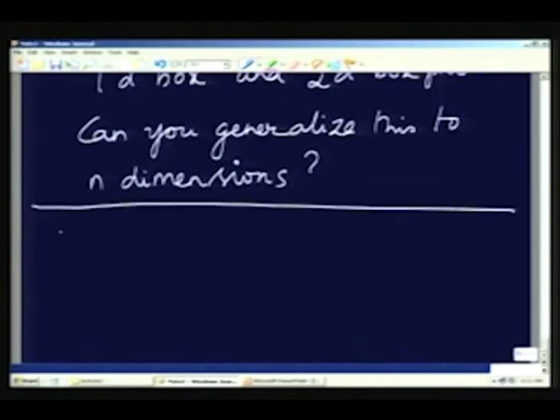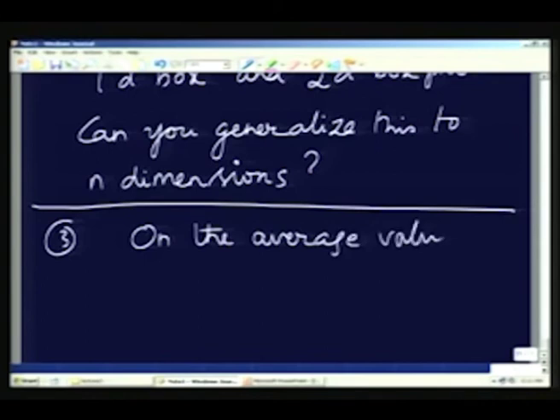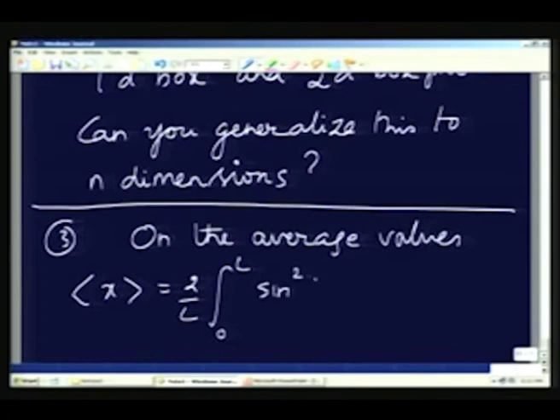The third question is on the average values. The average value for the particle position x, you recall, is given by the integral 0 to L in one dimension, 2 by L sin square n pi x by L times x dx.